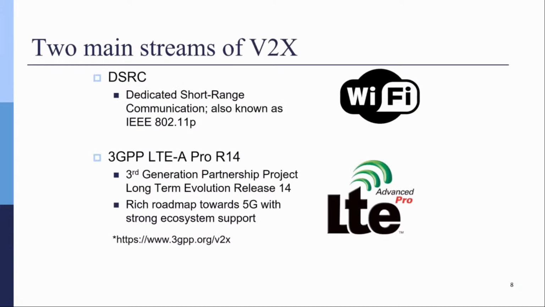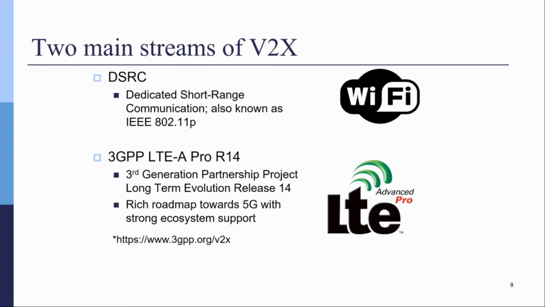So far, there are two main streams for V2X. One is DSRC, which is also known as IEEE 802.11p. The other is 3GPP LTE-A Pro and 5G. Since release 14, LTE-A Pro starts to support V2X.